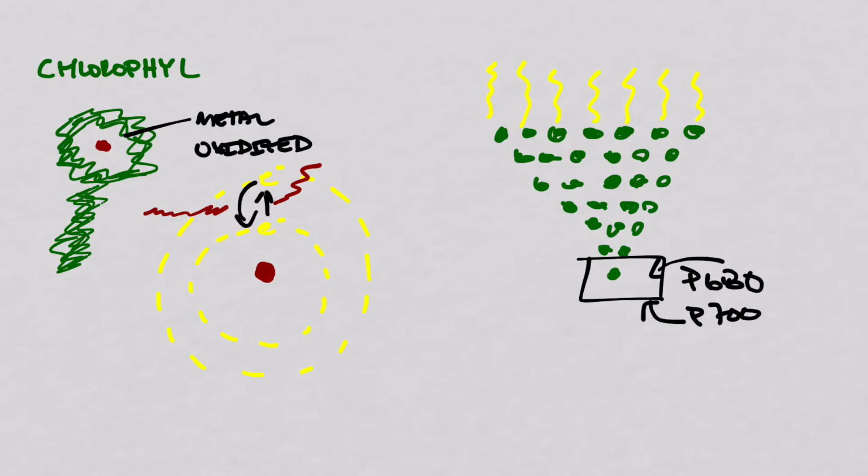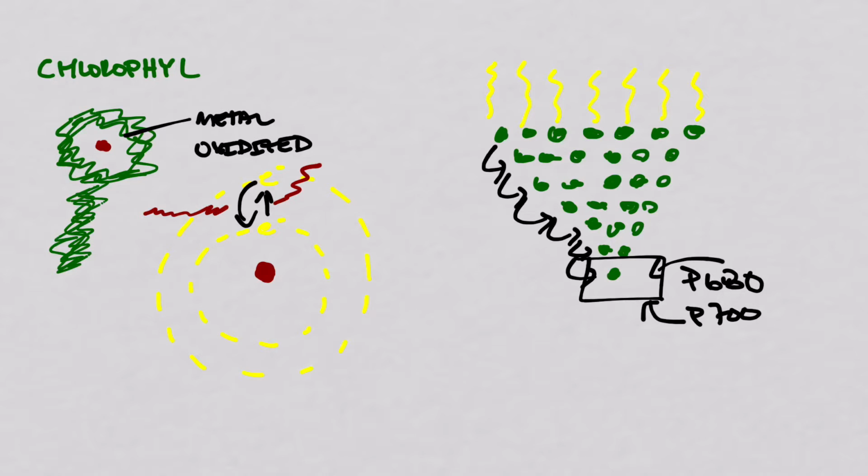But then that electron will fall back down and it will emit a photon of light. If you can imagine, that's happening in both this and this chlorophyll molecule. And the next chlorophyll molecule actually absorbs both those photons of light. So the energy just doubles, it magnifies, and so on and so forth. Down each row, you'll notice there are fewer and fewer chlorophyll molecules.